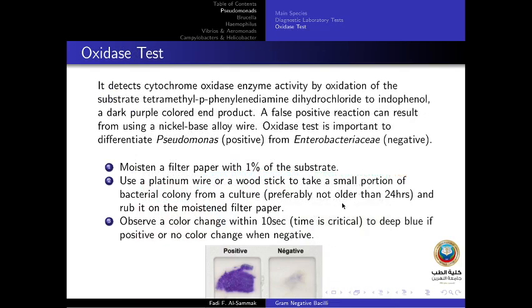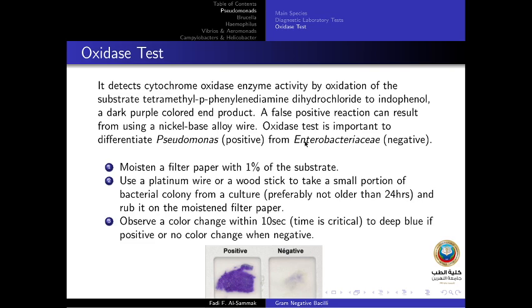Now, the oxidase test is the test that detects cytochrome oxidase activity in strict aerobes. Usually this is done by applying the oxidase reagent, which is 1% Kovac's substrate.